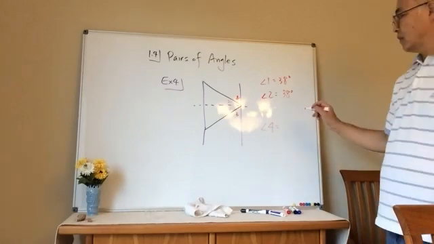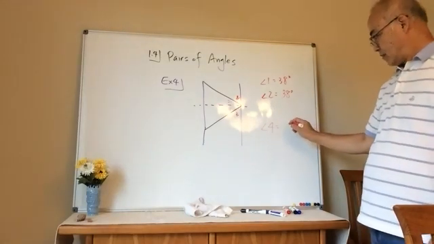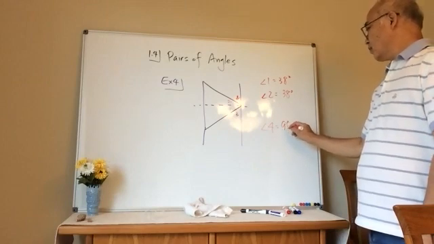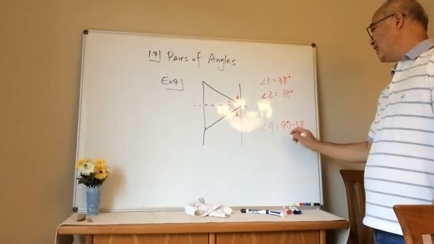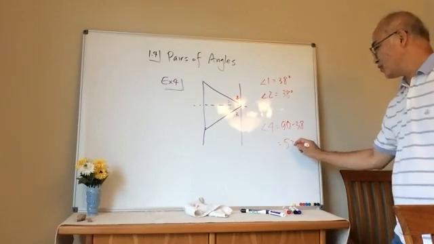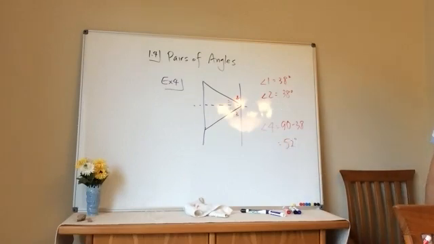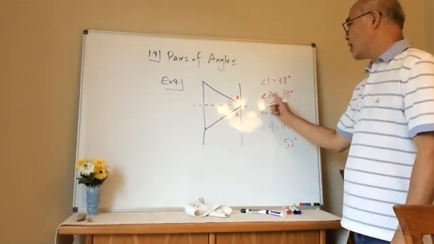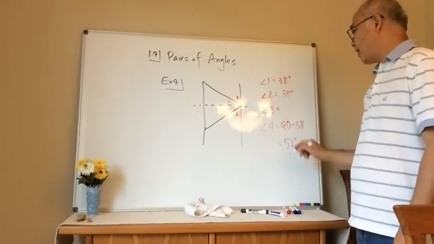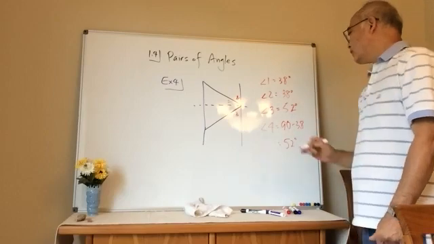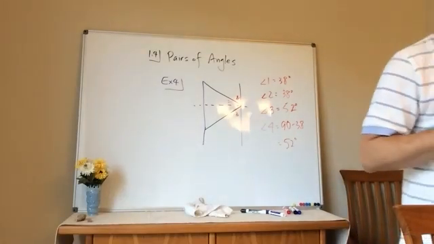By subtracting 38 from 90. So if you do this, you're going to get 52 degrees. Good job. Which means that angle 3 would be the same way because it's complementary to the same angle. So it's also 52 degrees. Are we all good on that?